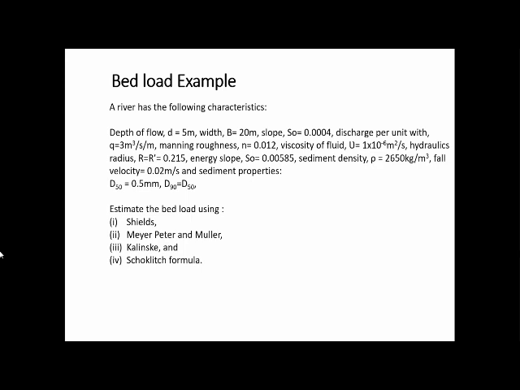So what I want you to do is try this example. You are given the conditions of this river. The energy slope is given, the bed slope is given, the discharge per unit width is given, the Manning roughness is given, the viscosity of the fluid is given, the hydraulic radius is given, and also the energy slope, this is SF.